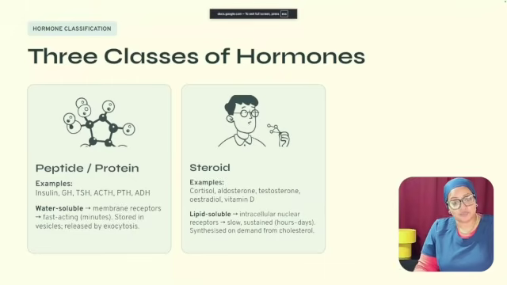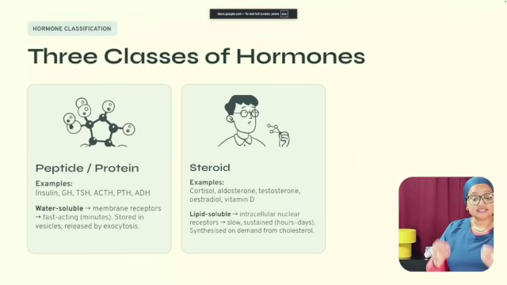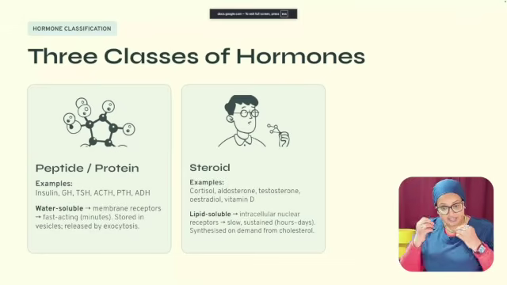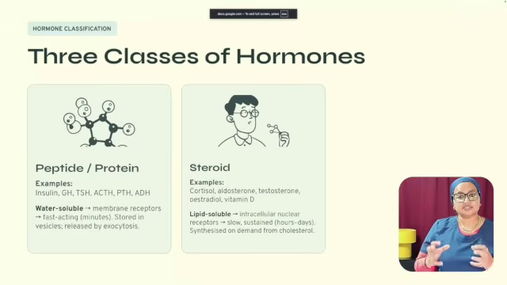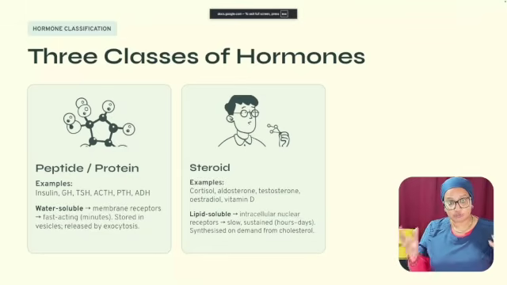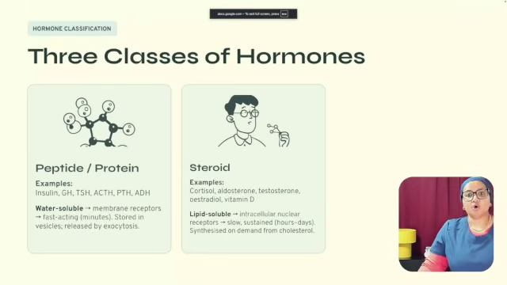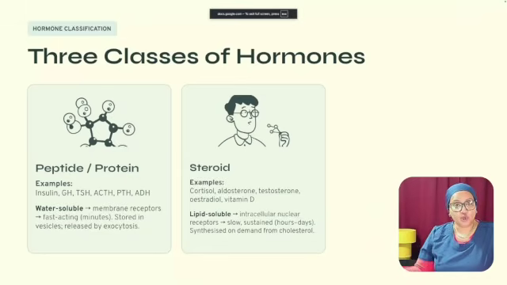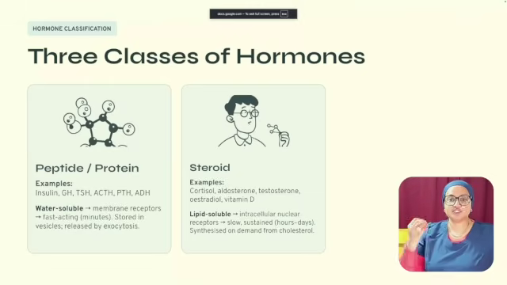This takes time. It's a long, slow process. And this is one of the characteristics and features of this class of hormones. Okay? So, because it requires this new protein synthesis, the onset is slow, but the effects are sustained over hours to days and maybe more.